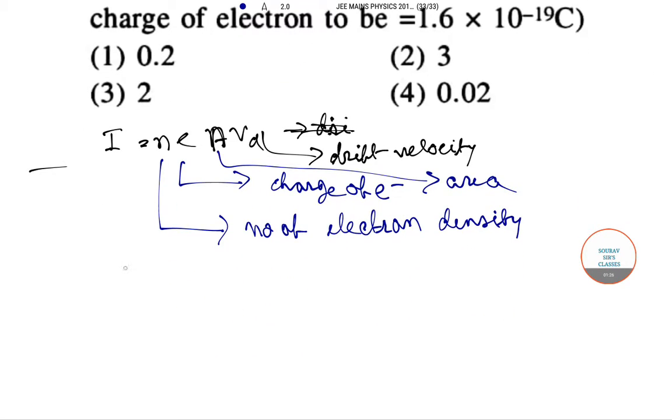So the drift velocity Vd is equal to I by NEA.